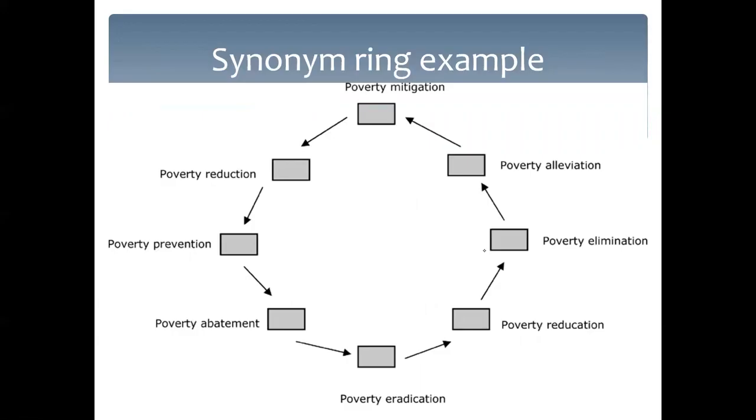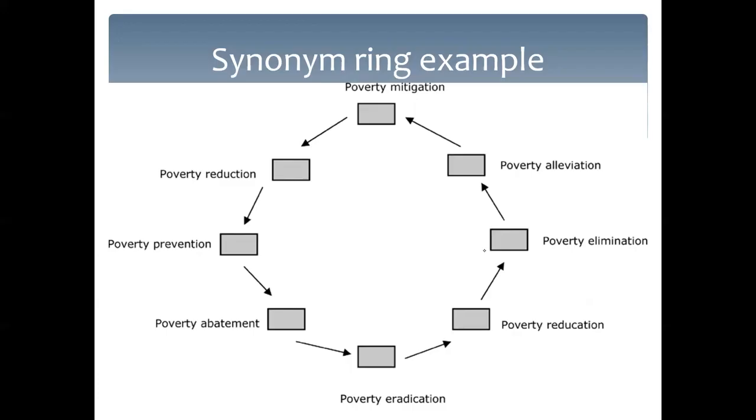I know that we could argue very fine semantics of some of these terms. You know, prevention and abatement are not necessarily the same thing, but if people were searching for any of these terms, being able to find those resources, regardless if they use poverty prevention or if they use poverty elimination, that there is a relationship between those and being able to find them.